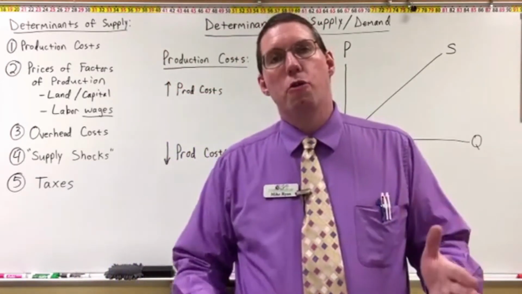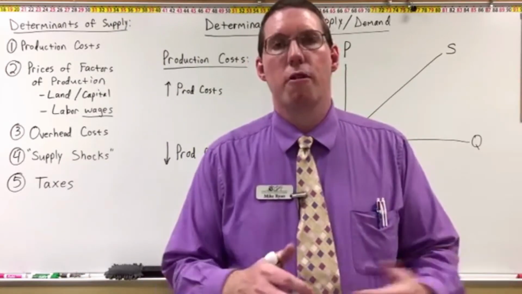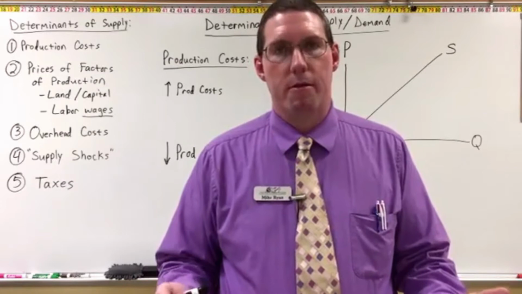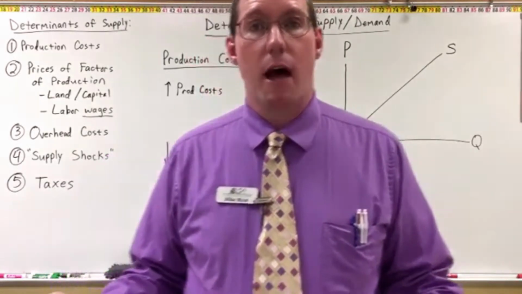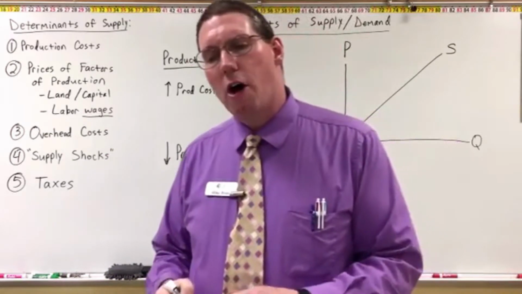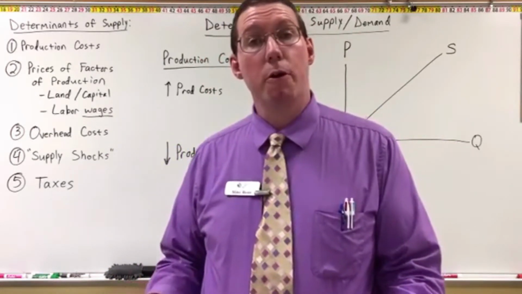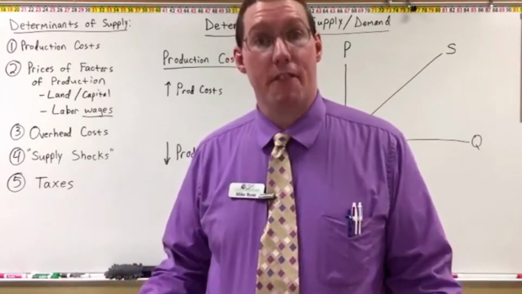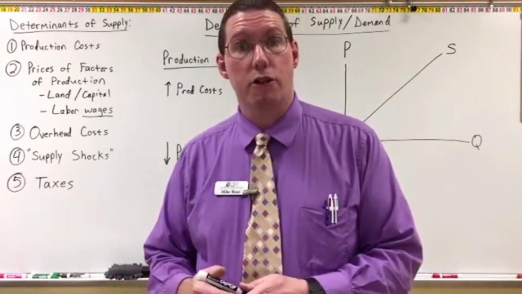If it costs you more to make something that you used to make, let's say you used to make them for $1 a piece, so you could make 10,000 of them because you have $10,000. But now they cost $2 a piece to produce. How many can you produce? You can produce 5,000 because $2 times 5,000 is the $10,000 you have.